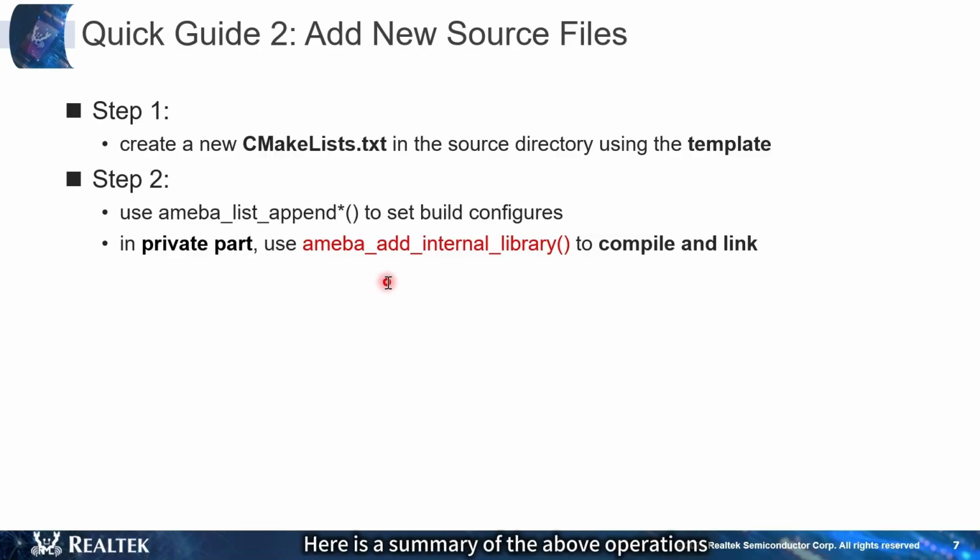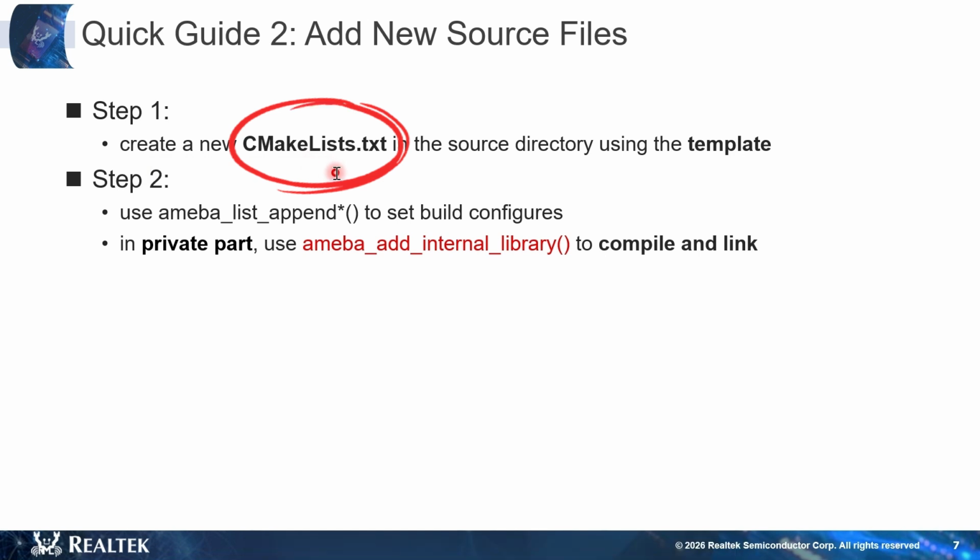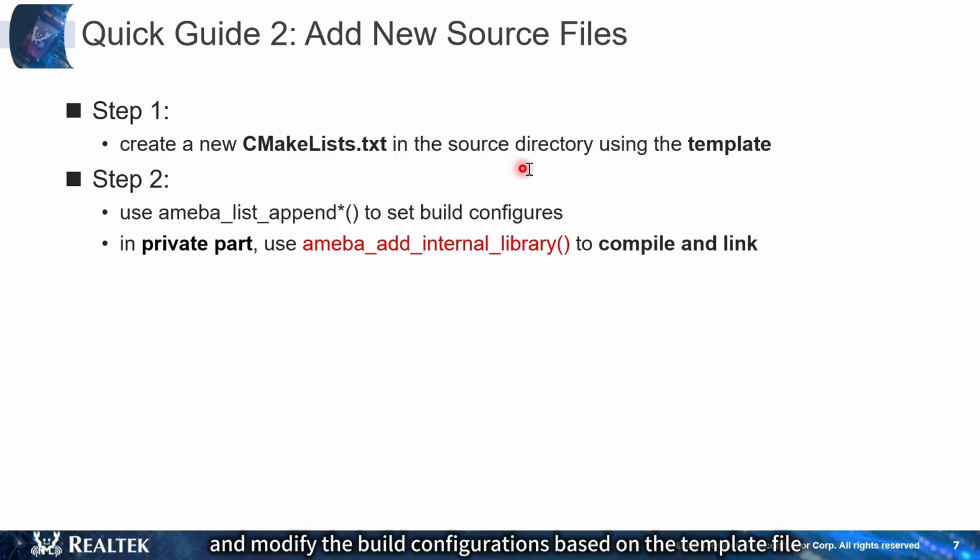Here is a summary of the above operations. To add a new set of source files to the build system, first create a new CMake list file for these source files and modify the build configurations based on the template file. Use the aforementioned list append operations for modifications, and select different APIs according to your needs.